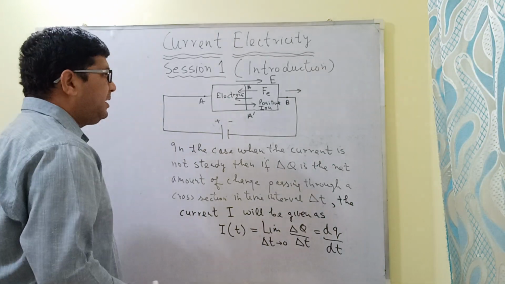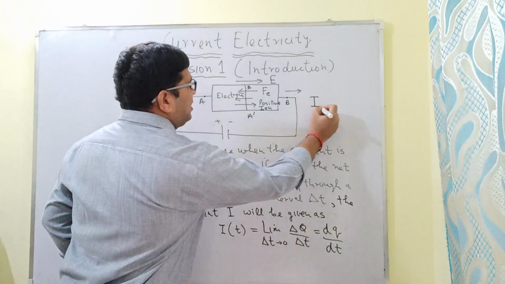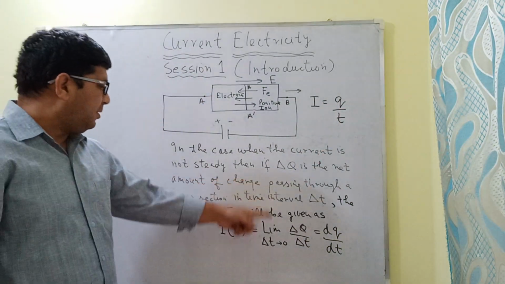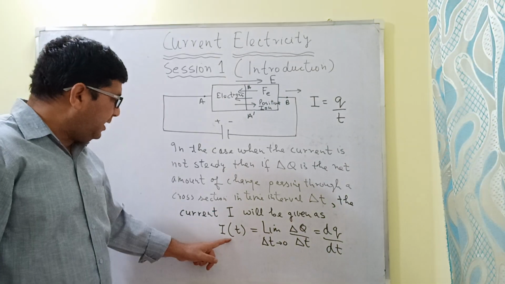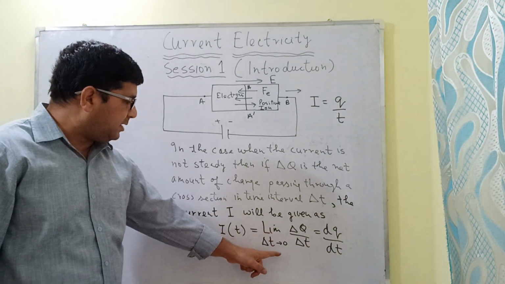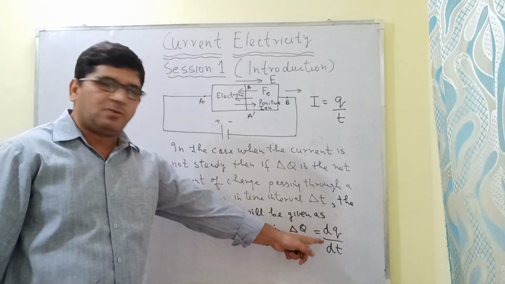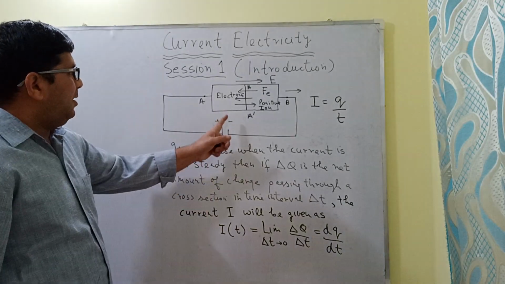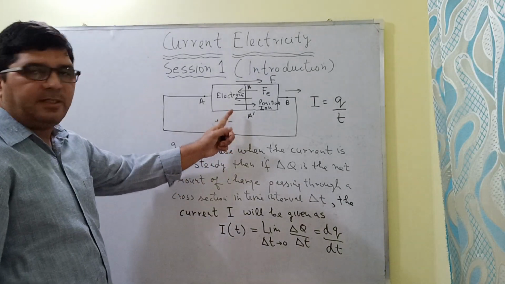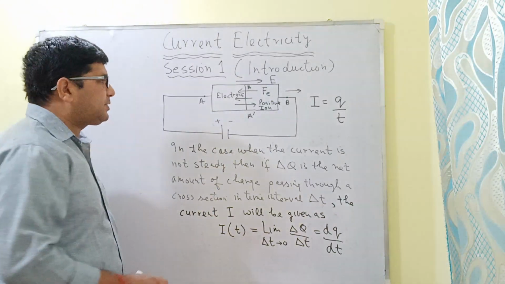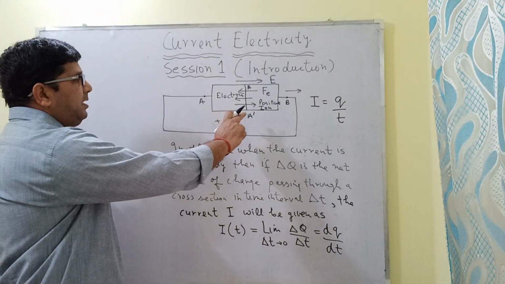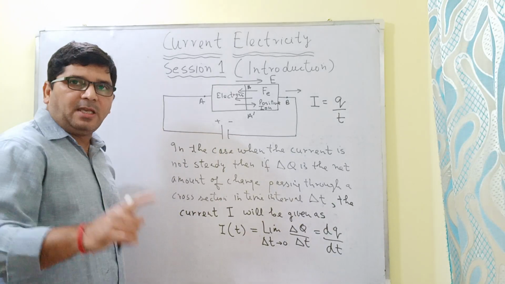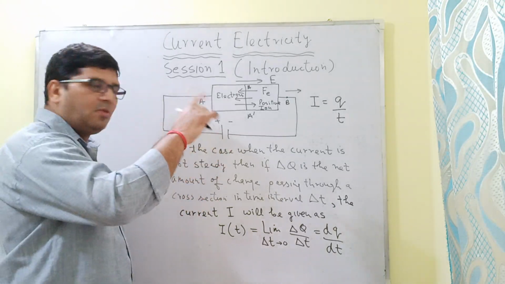In the case the current is steady, then I is equal to q upon t. And when the current is not steady, then the current at any moment of time is given by limit delta t tending towards 0, delta q upon delta t, which is equal to dq upon dt. Whenever a conductor is placed in an external field, the direction of flow of the conventional current is taken as the direction of the flow of the positive charge.